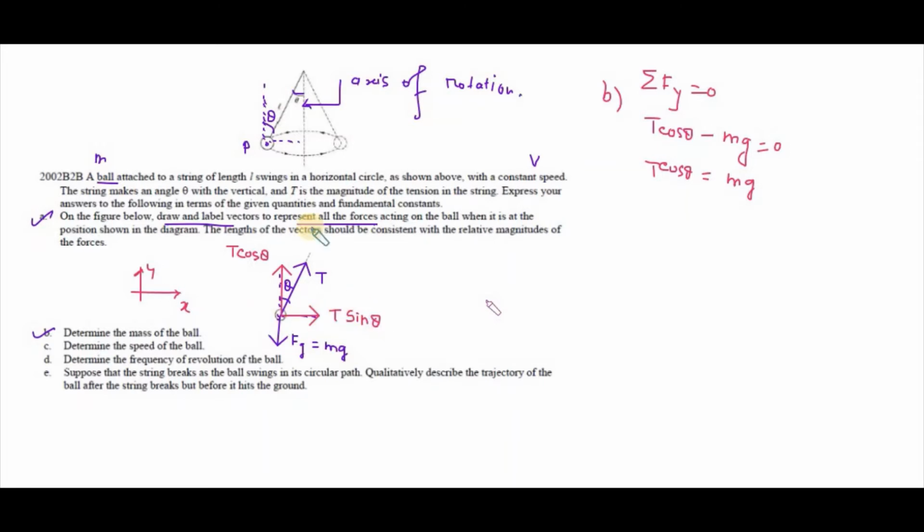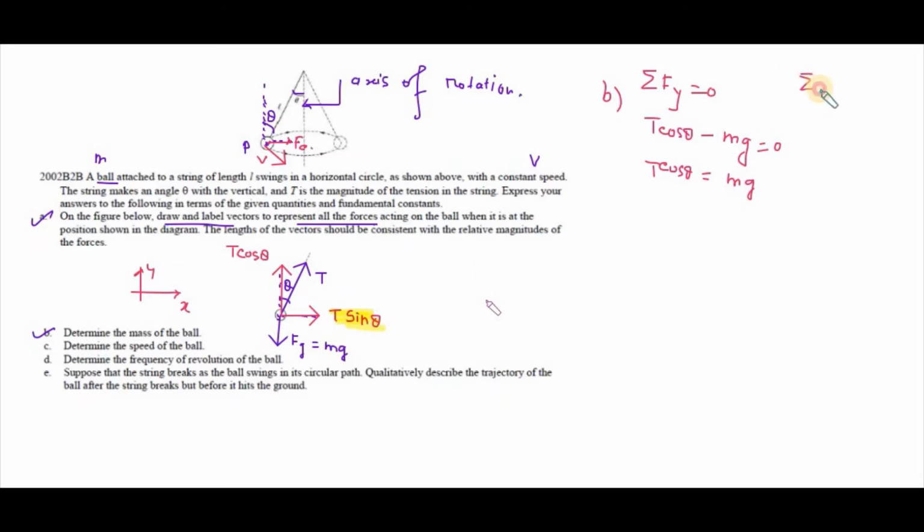Along the x-axis, T sine theta is exerted, and since the ball is rotating in a circular path, it has a tangential velocity at this point, which means there is a force exerted radially inward, and that force is known as the centripetal force. This T sine theta component is going to provide the centripetal force.